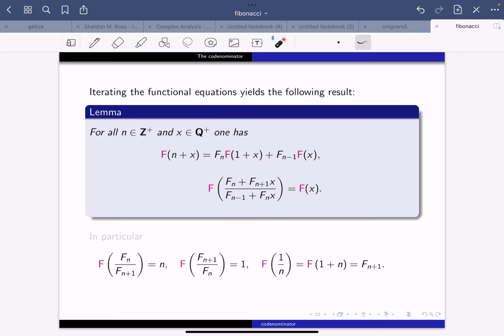And from this, it turns out that the codenominator of F_n over F_{n+1} is just n. And the codenominator of F_{n+1} over F_n is 1. The codenominator of 1 over n is just F_{n+1}.